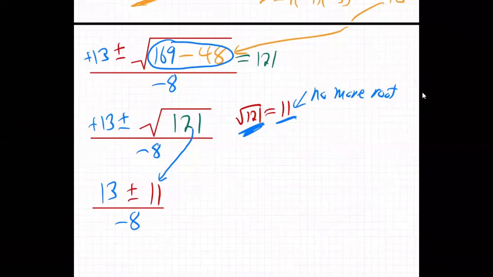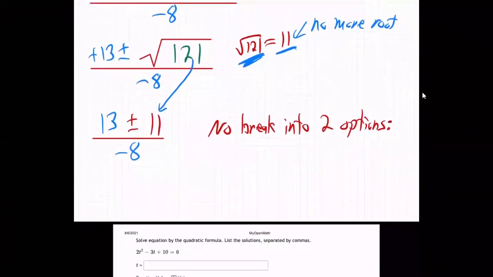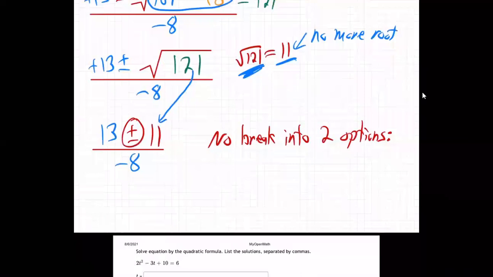Now, what do we do from here? Well, now break into 2 options. So what do I mean? Because plus or minus always means 2 options, doesn't it?